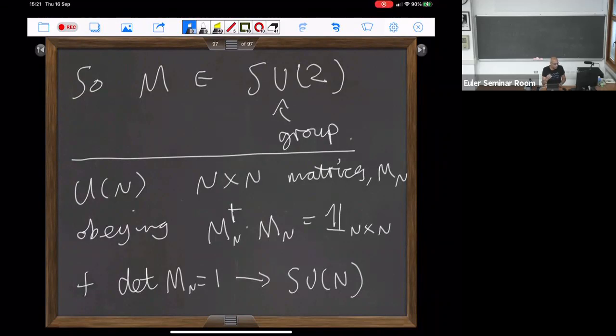So these groups occur in different places in physics. We've just seen that SU2 and SO3 occur when we're considering rotations in space, but they also occur in other places and have different roles in those places. So it's important not to get confused about where they show up and to keep track of the objects on which they're acting.